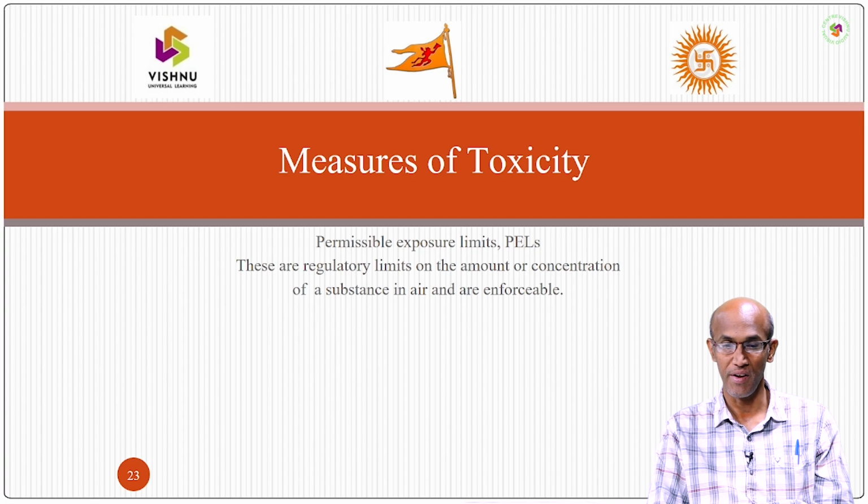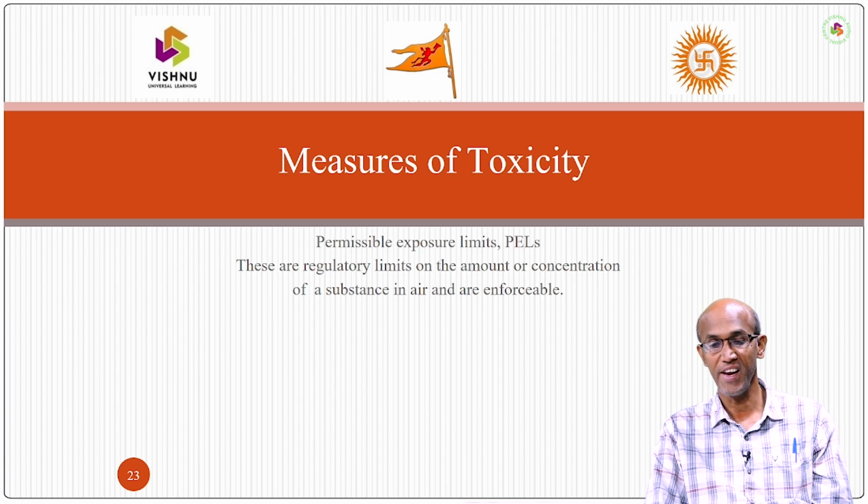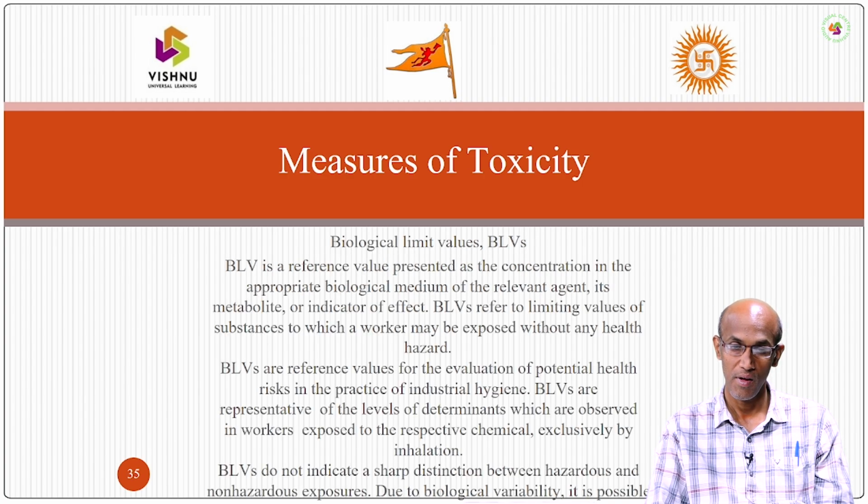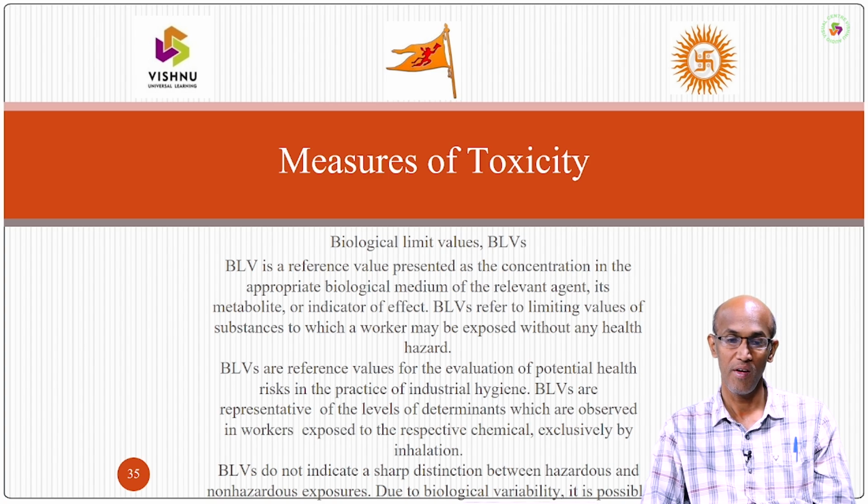Permissible exposure limits. These are regulatory limits on the amount or concentration of a substance in air and are enforceable. Biological limit values. BLV is a reference value presented as the concentration in the appropriate biological medium of its metabolite or indicator of effect.